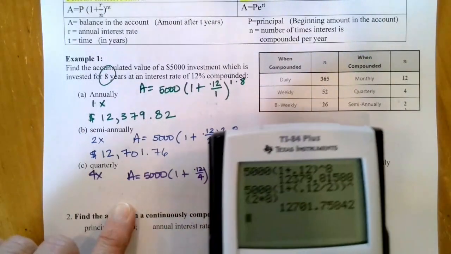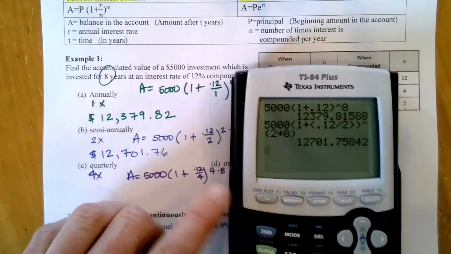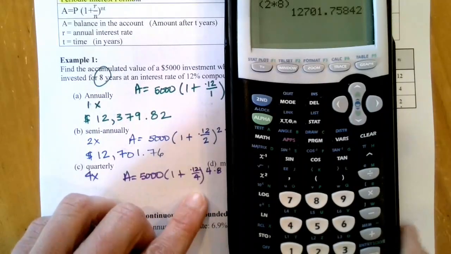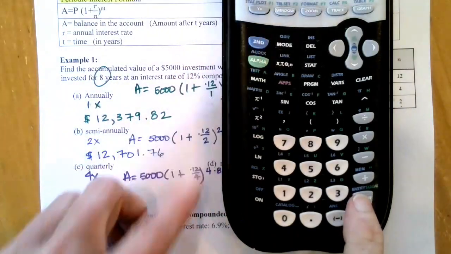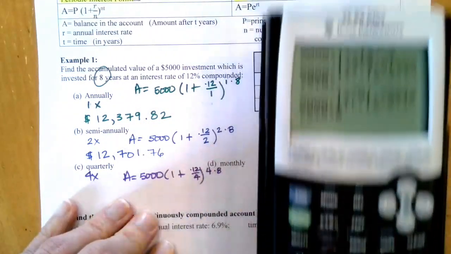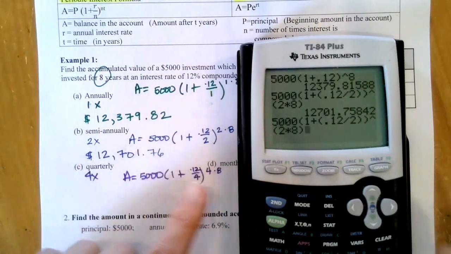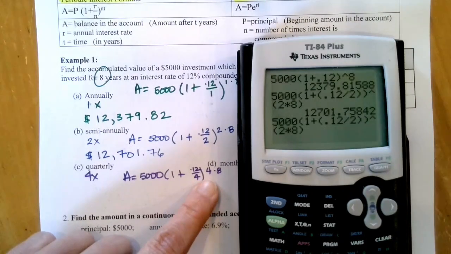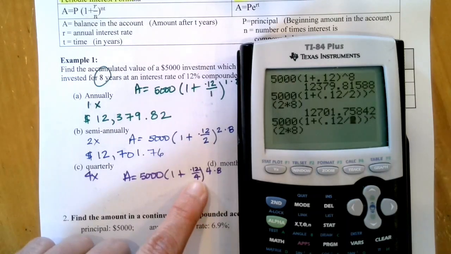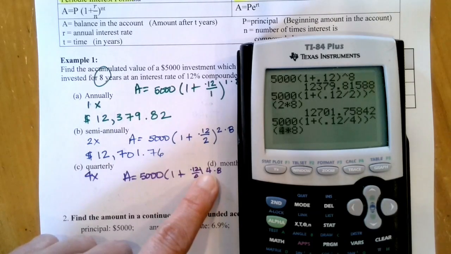Now here's a calculator trick that can help save you time. If I do second and I hit entry, which is this blue function here, second entry, that repeats what I entered in last time. So now I can go up and change my number of times that I'm calculating my interest. That becomes a 4, and this too becomes a 4.